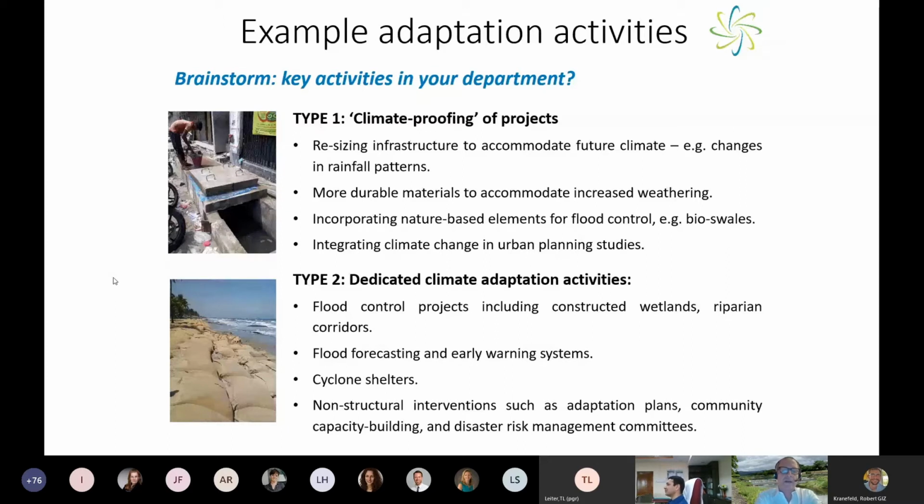And then all our urban planning, really climate comes through on all of it. And for us as an MDB, well, we provide financing, our clients borrow, and we can't tell them what to do.